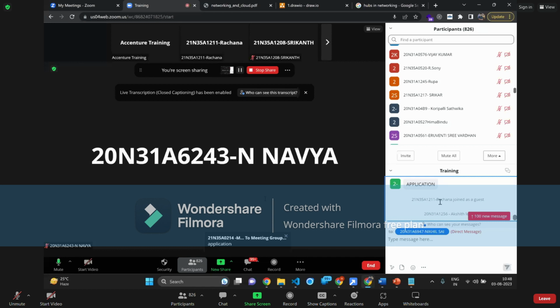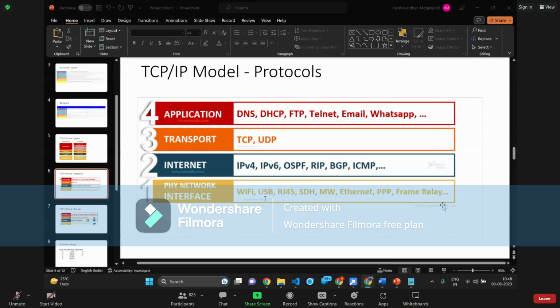Connection-oriented, yes. UDP is connectionless, right? The UDP protocol is connectionless, while TCP is a connection-oriented protocol.